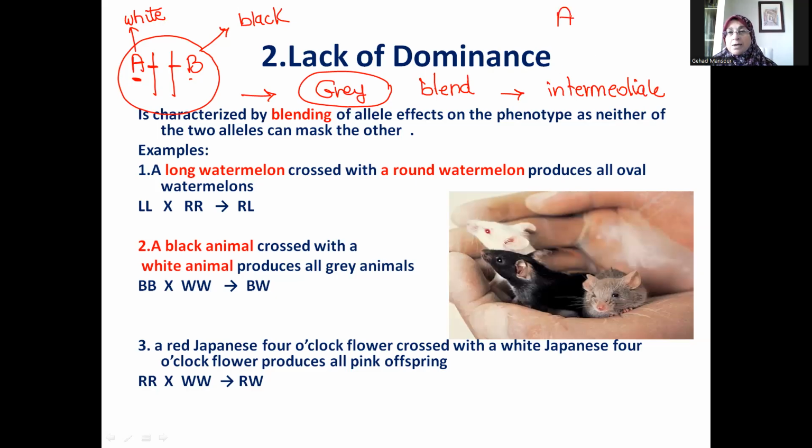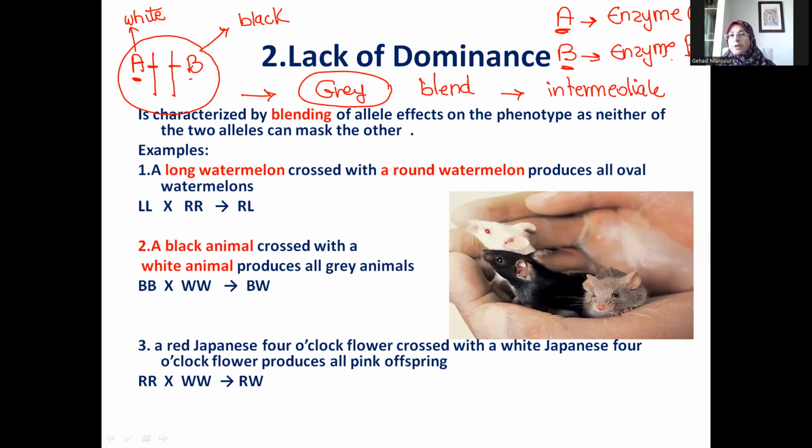Most probably the A allele is translated into an enzyme, let's call it enzyme A, that forms a certain pigment, and the B allele is translated into enzyme B, and every enzyme activates a particular chemical pathway, and at the end of that chemical pathway, we obtain a pigment.